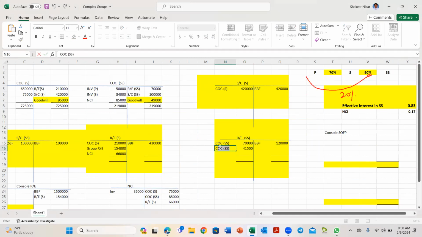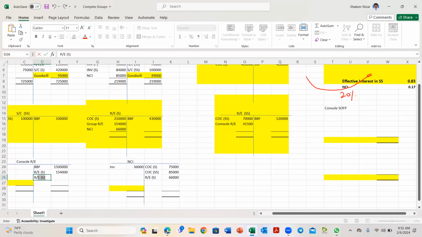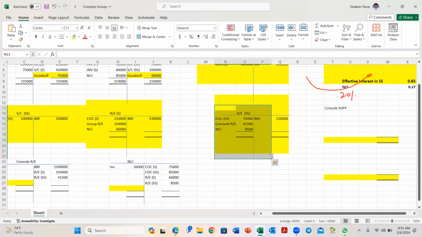That is consolidated retained earnings. Consolidated retained earnings should be debit, credited by retained earnings of subsidiary, right? Here this amount, and the remaining goes to the NCI. NCI remaining is 8,500, retained earnings of subsidiary 8,500, right? Done. Now these two accounts are also done and dusted.